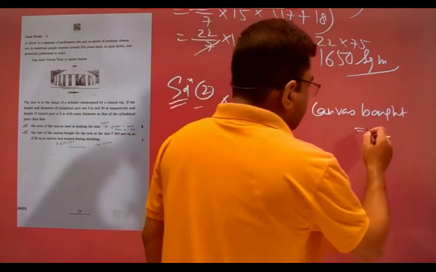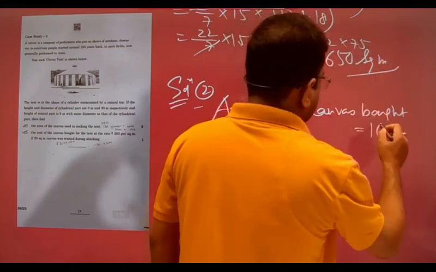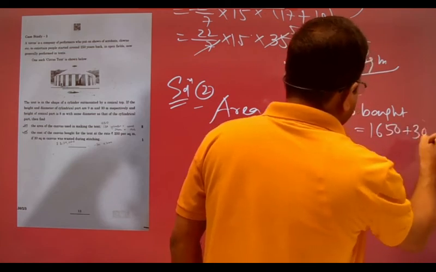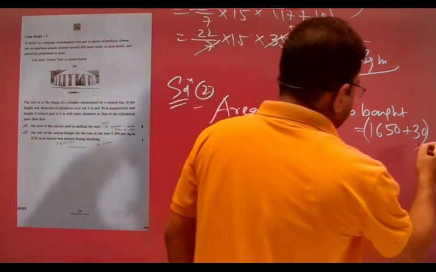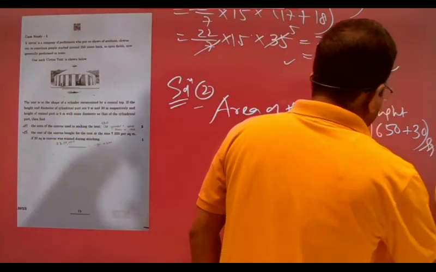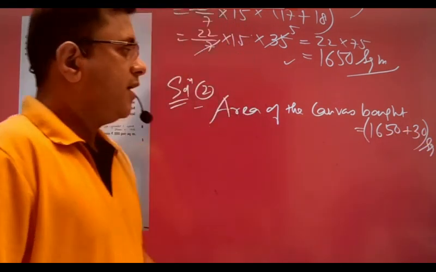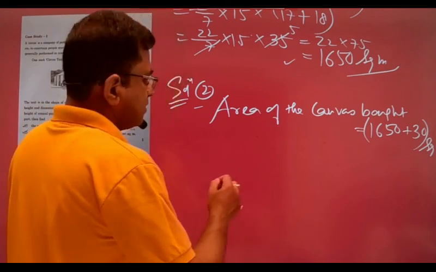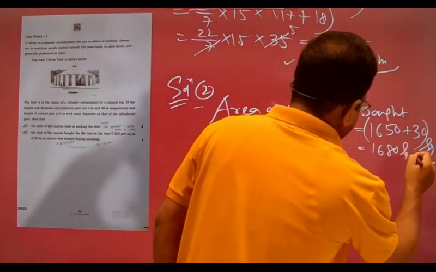The curved surface area of the canvas is 1650 and 30 square meter of canvas is required for the stretching. So you have to buy the cloth. This is the total cloth that is required to be bought for making the canvas. So this is equal to 1680 square meter.